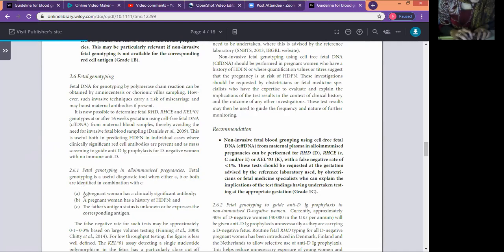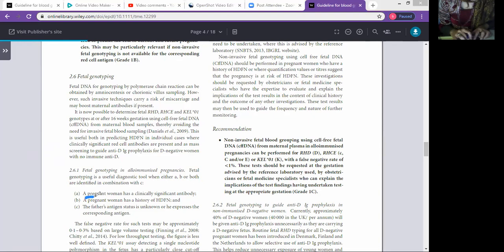This is important in cases where the pregnant mother has a clinically significant antibody or has a previous history of HDFN. It is also important if the father's antigen status is unknown or if he expresses the corresponding antigen, either in a homozygous or heterozygous manner.